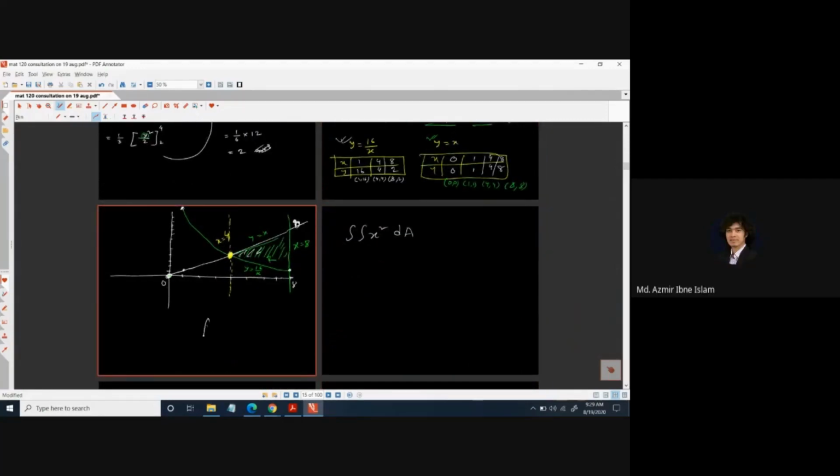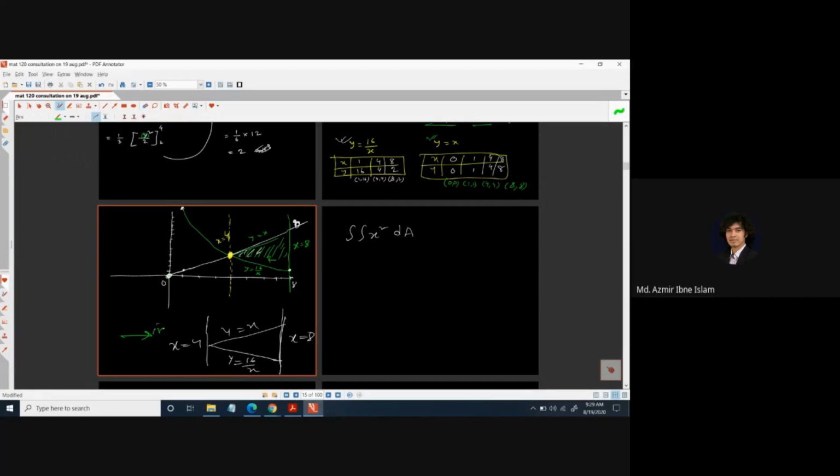If I draw again, if I just pick up this part, this is x equal to 4, this is x equal to 8, and we have this region, y equal to x, y equal to 16 by x. So first of all, think about the x limit.